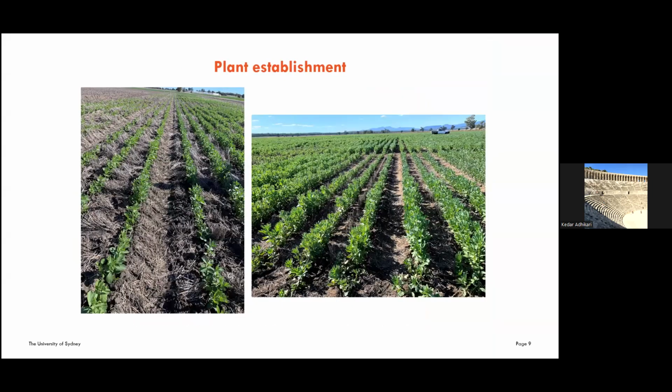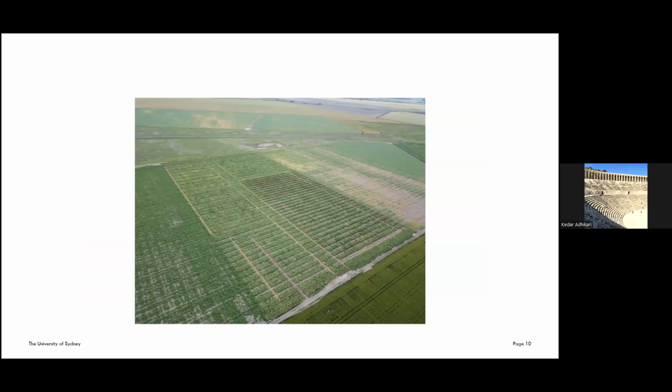And this is just to show, on my left, how the trial looks in the beginning, and this is at a later stage. And this is an aerial photo of the trial plot.